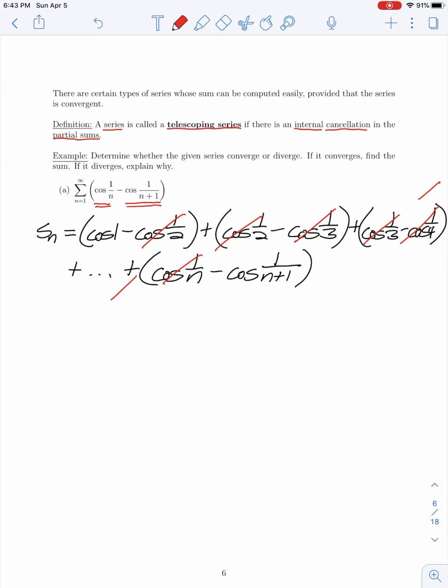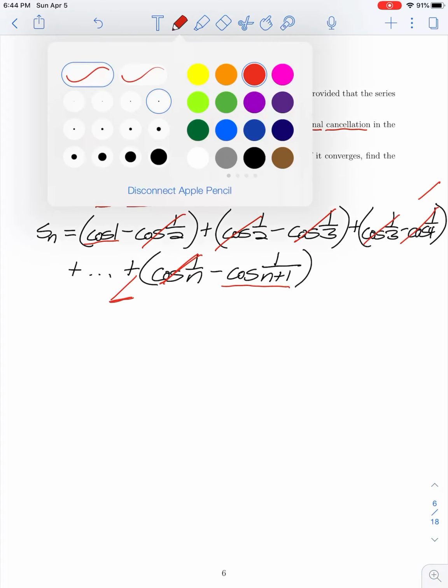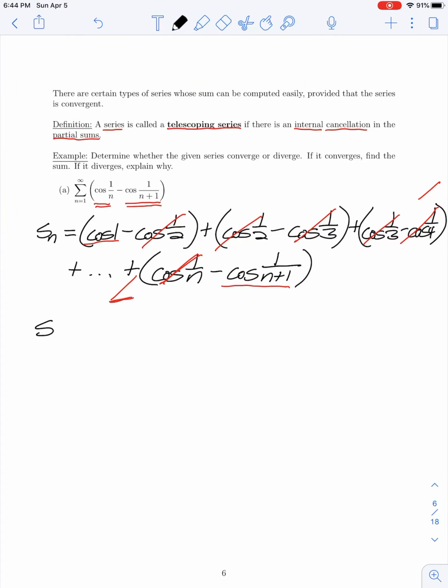If we plugged in n minus 1 for our sequence, we would have a negative cosine of 1 over n for this previous term, which will cancel that cosine of 1 over n. So we're left with only the first term and our last term for this nth partial sum. That is, S sub n is given by cosine of 1 minus cosine of 1 over n plus 1.